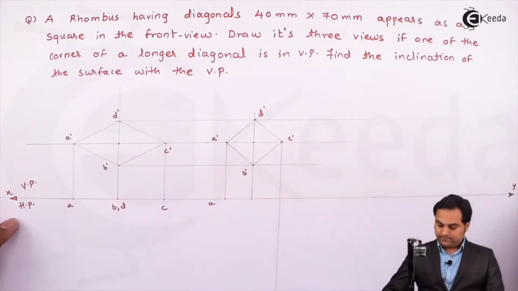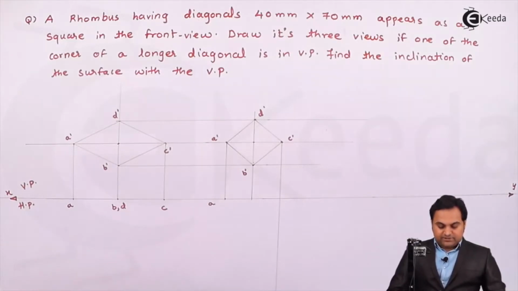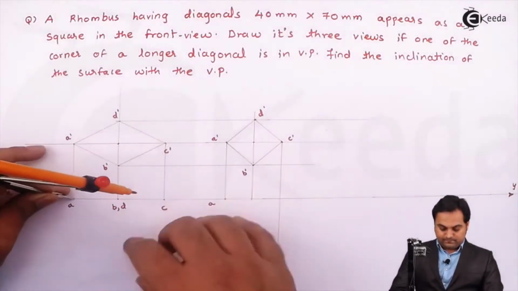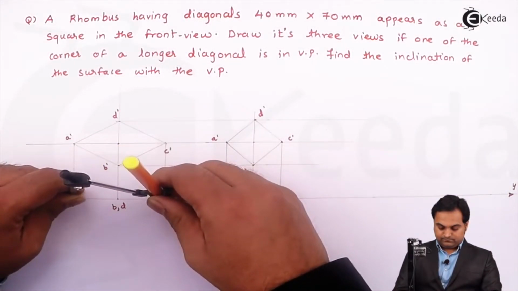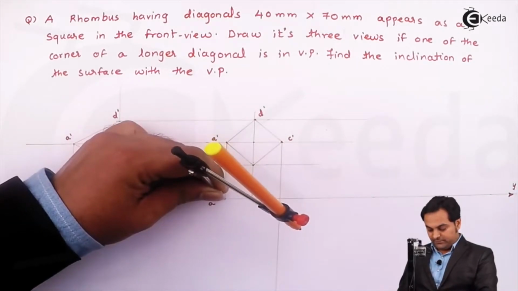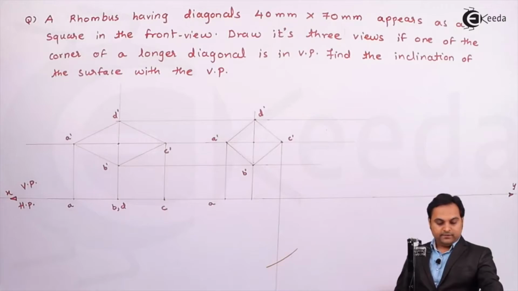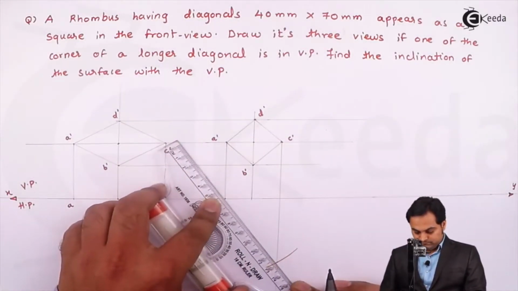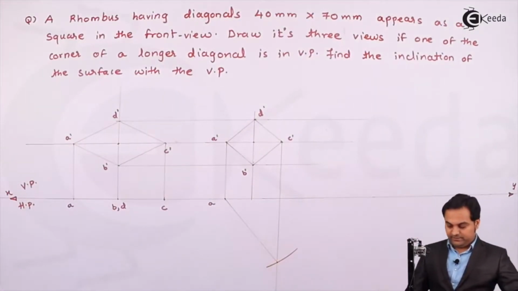Point A. Now I'll measure the length of the cutting plane, that is from A to C, keeping it on point A and cutting this line. Here I get a point, joining this with the help of a light line.